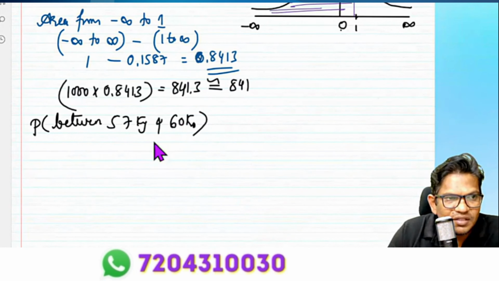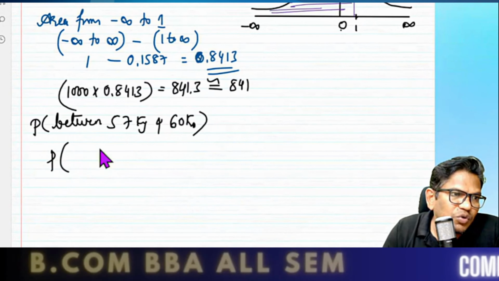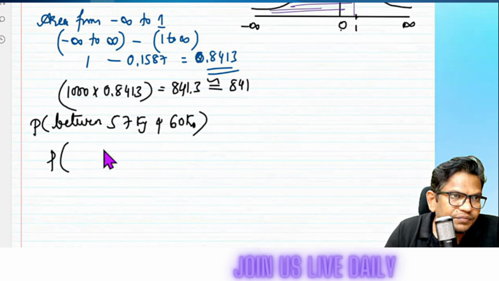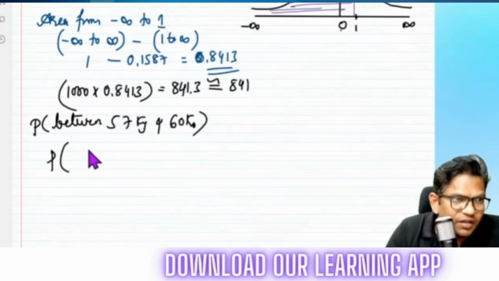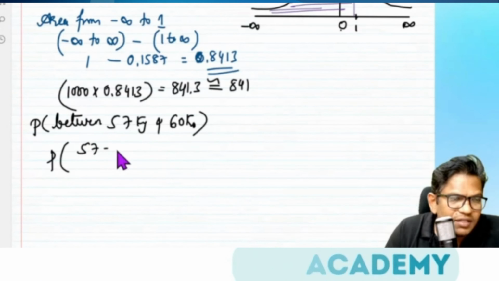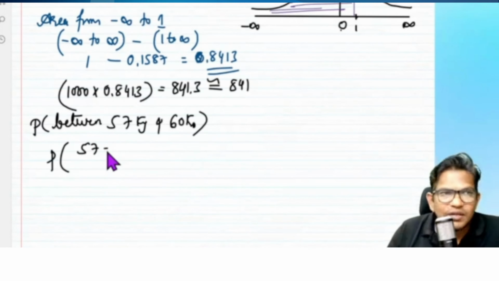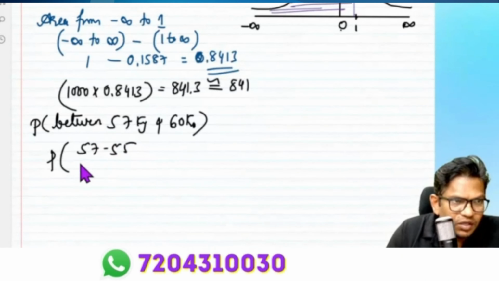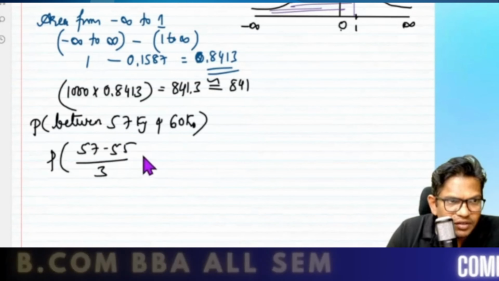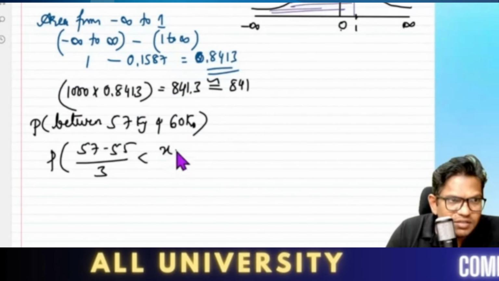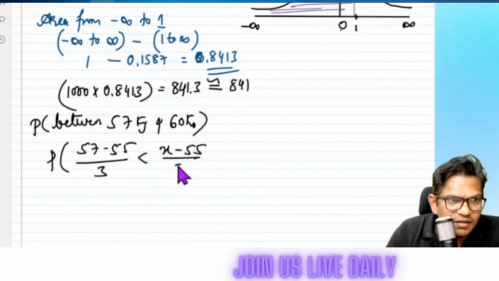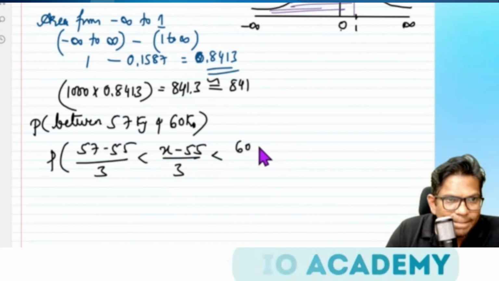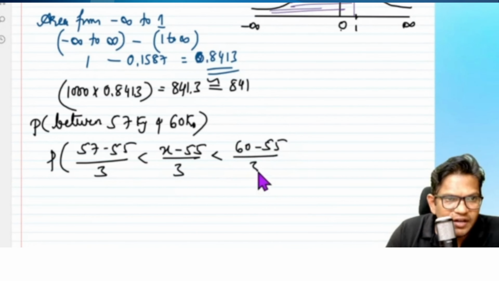That means the same thing. P is equal to x minus mu, first 57. 57 minus mu, where mu is 55, divided by 3. Less than z less than 60 minus 55 divided by 3.